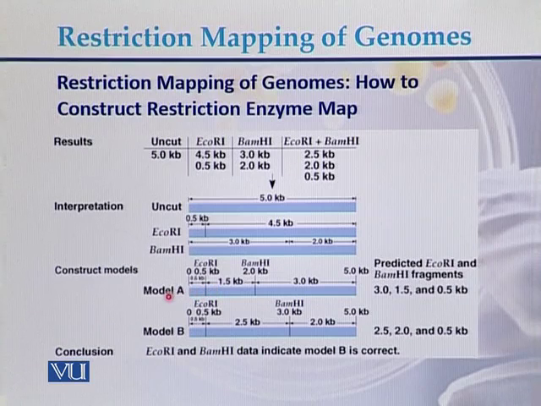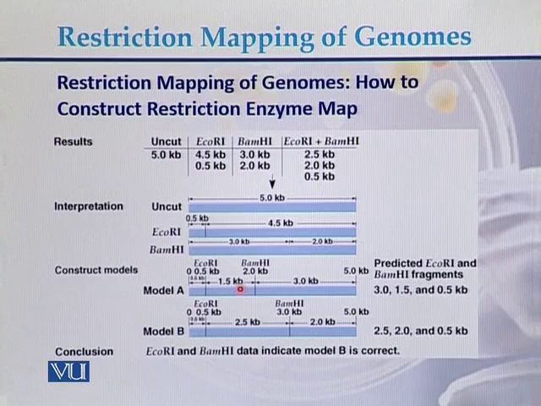So we have two models, model A and model B. In model A, we suppose that the site for EcoR1 is here because 0.5 and then 4.5 is here, while the site for BamH1 is here, meaning this is 3 kb and this is 2 kb.